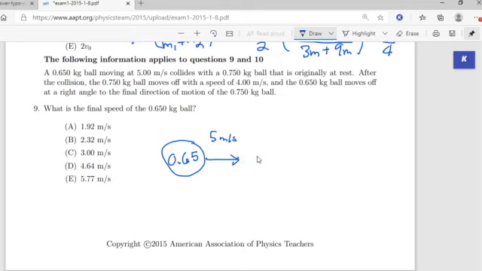So it says that the other ball moves off with a speed of 4 meters per second. Yeah, okay, so. And then it says that the original ball moves at a right angle to the final direction of motion. Okay, so maybe I'll say that it moves 4 meters per second here.